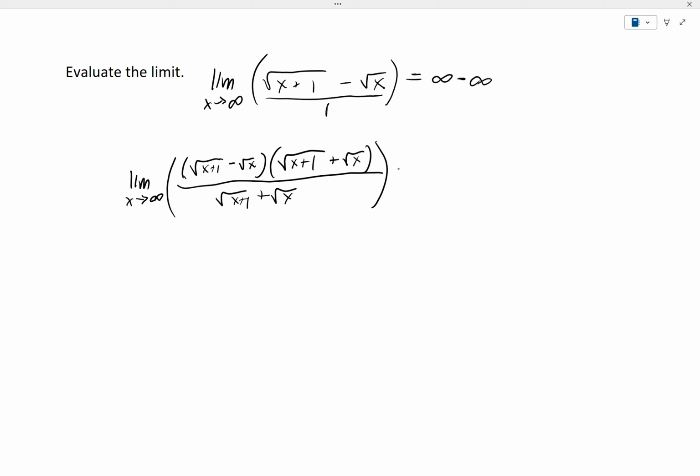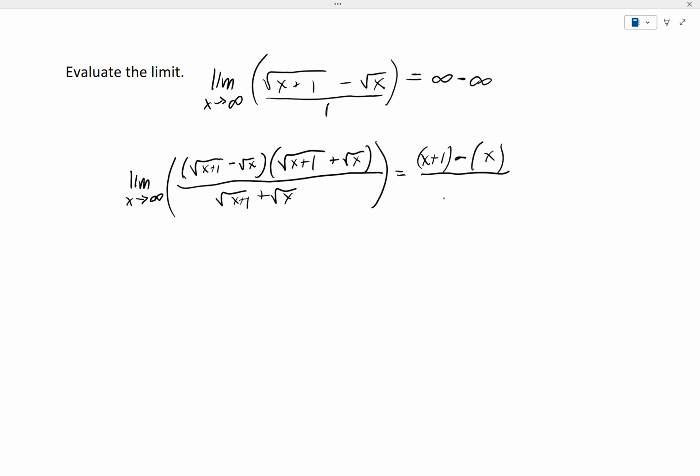And now there's a little more work to do in the numerator here. If you do FOIL, you'll realize that this becomes a difference of squares. So we're squaring the first and second term, taking their difference. Well, the square of a square root is easy. That's going to be x plus 1 for the first term minus, and what's the square of the root of x? Well, that's easy, that's x. So that's what we get, a difference of squares in the numerator.